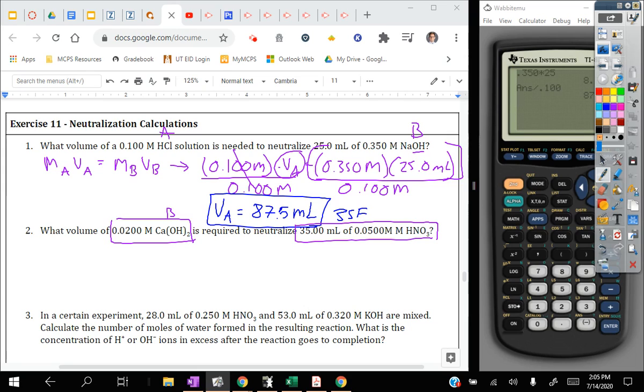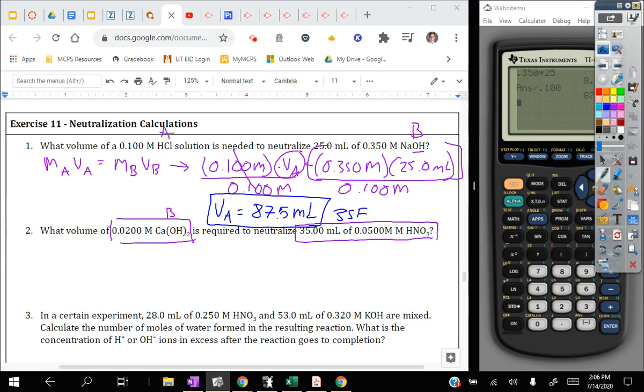Now, again, there are 2 moles of OH minus for every 1 mole of CaOH2. So what that means is when I plug this into the dilution equation, I need to double my molarity before I plug it in in order to make sure I have the total amount of OH when I am neutralizing.